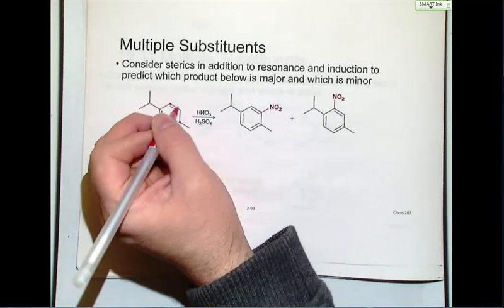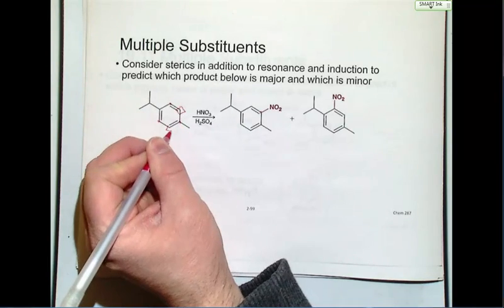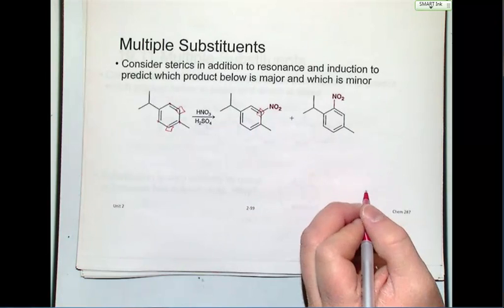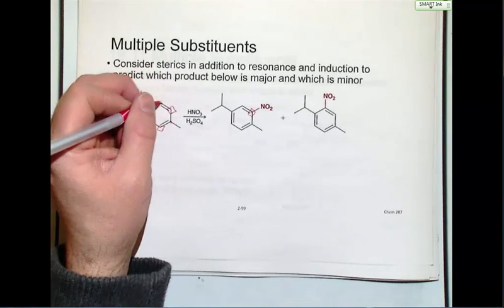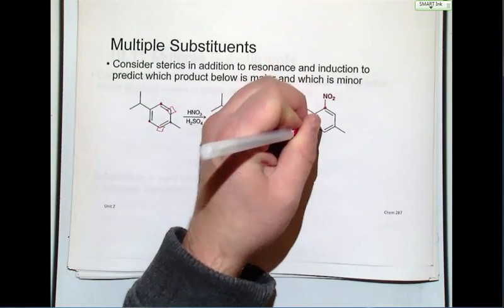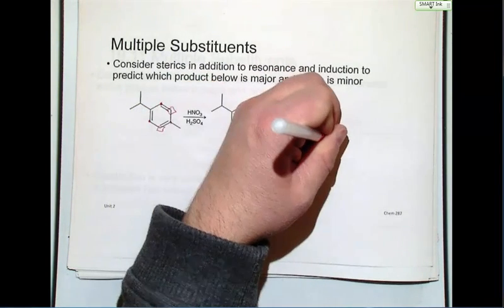So this is ortho for the methyl group, right? So, right there. And then ortho for isopropyl here. So which one do you think would be the major product, A or B?